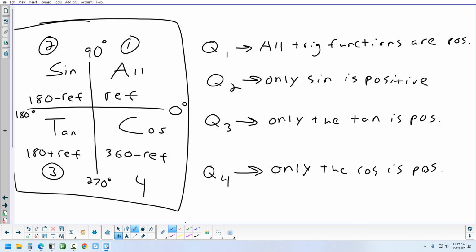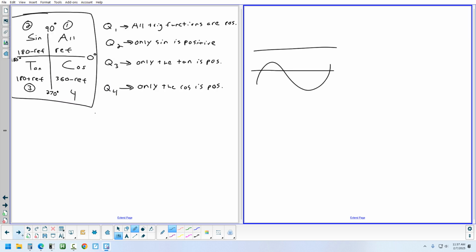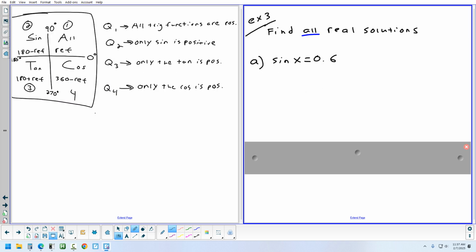The first one, I'll do graphing it, just so you can remember how we did it before. And then I want to do it using this chart. I'll leave that up, and let's try this one. Sine of x equals 0.6.